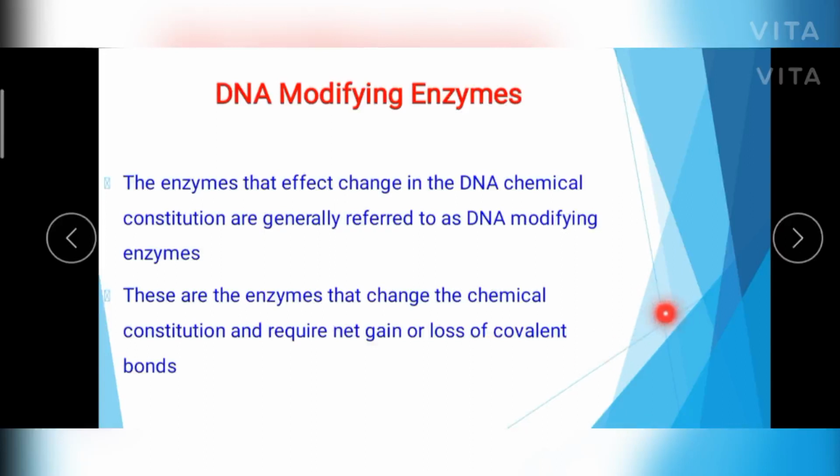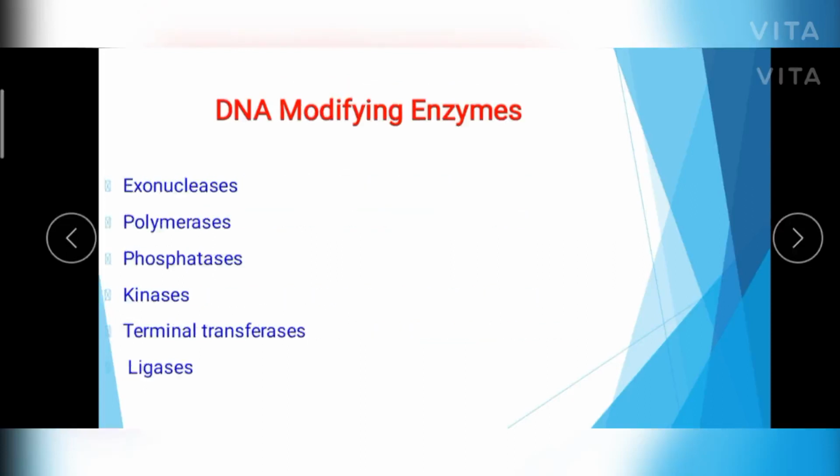So the enzymes which change the chemical constitution either by addition or removal of the functional groups or by the net gain or loss of covalent bonds are called DNA modifying enzymes. These DNA modifying enzymes are of different types. The ones which we will be studying in this session include exonucleases, polymerases, phosphatases, kinases, terminal transferases and ligases.